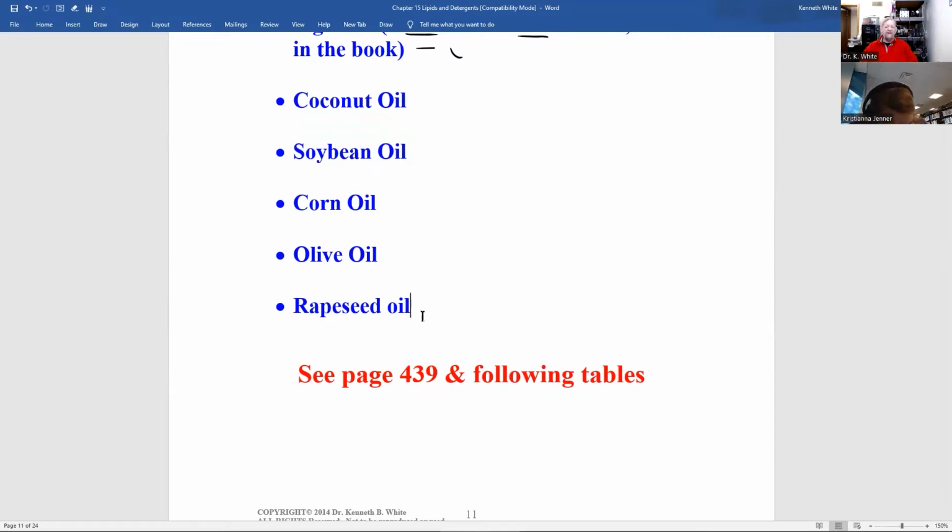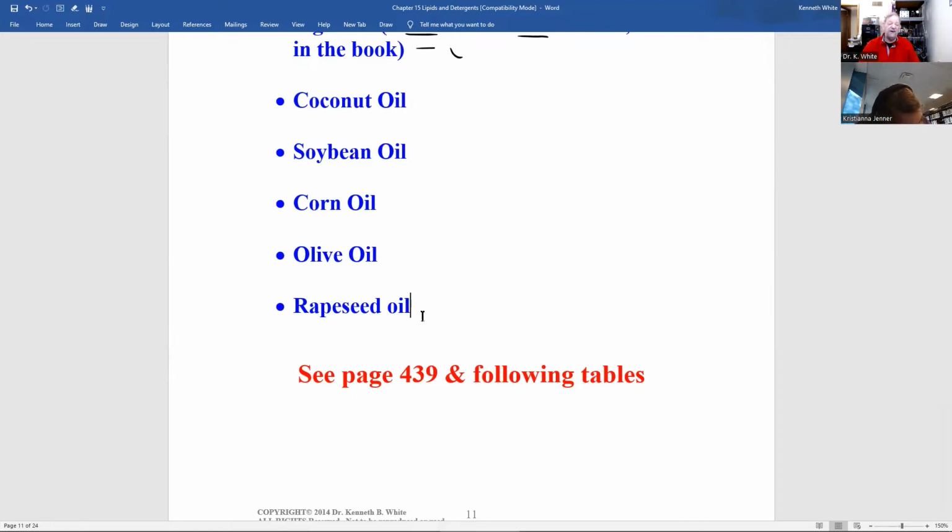Well, for many years, they couldn't sell it in the United States. And one of the places they make a lot of this is our country to the north of us, Canada. And Canada, for the life of them, couldn't get the American housewife to buy rapeseed oil.